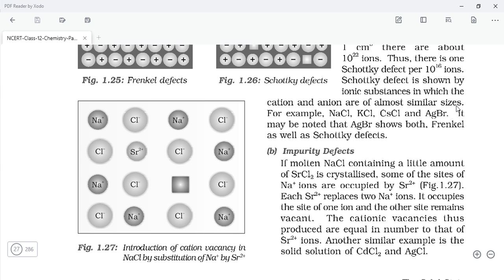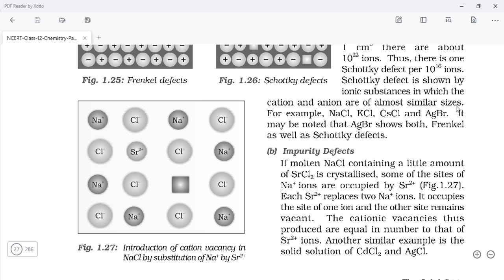Each Sr plus 2 replaces two Na plus ions. That's how you maintain the electric neutrality of the solid. It occupies the site of one ion and the other site remains vacant. The cationic vacancies thus produced are equal in number to that of Sr plus 2 ions. Another simple example is the solid solution of CdCl2 and AgCl.